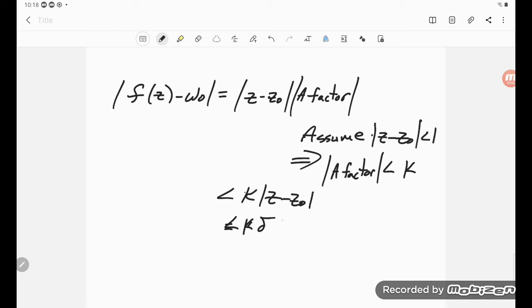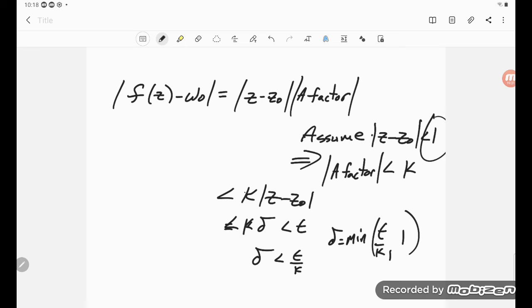And so then if we make that less than epsilon, we choose delta less than epsilon over that k, and so we end up choosing delta to be the minimum of that epsilon over k and 1. And again, it might not be 1. For whatever reason, it may make sense to use a different number. But if I can do the factoring like that, that's typically what I try for.